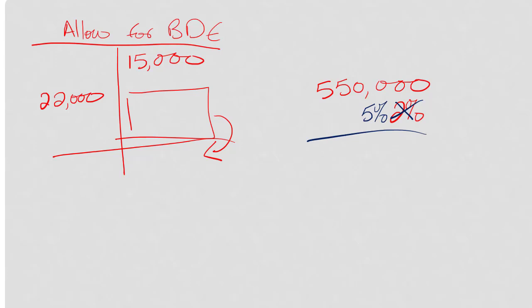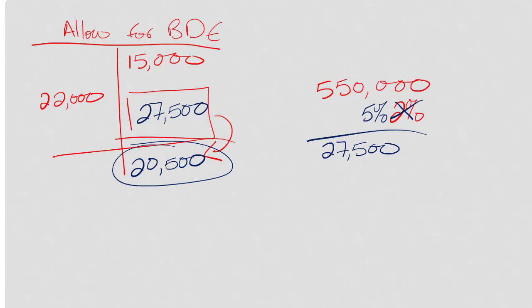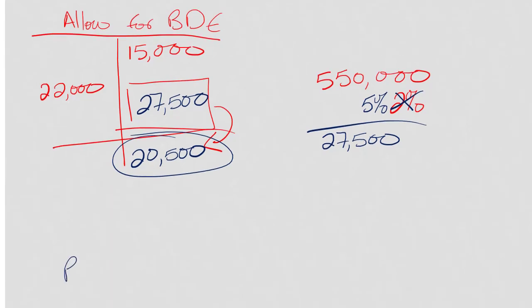So 550 times 5% is 27,500. That number is going to go up here. And if I take 15 minus 22 plus 27.5, I end up with a balance of 20,500. And that's what the question asked for. But because we love journal entries, we might as well do the journal entry. I'm sure you did it yourself anyway.